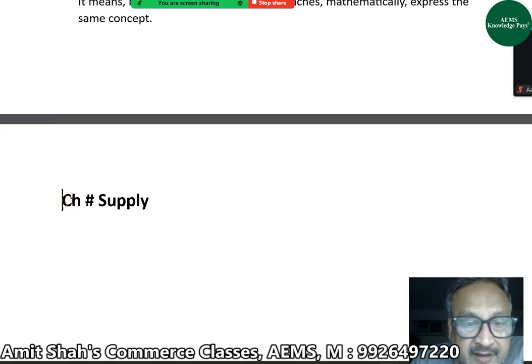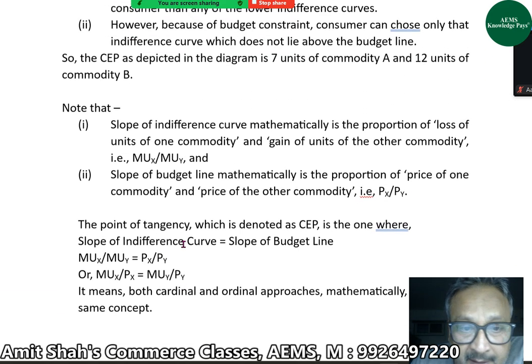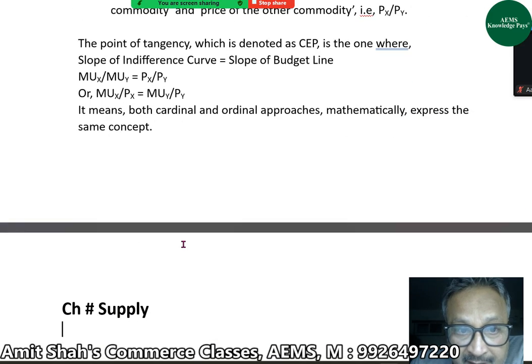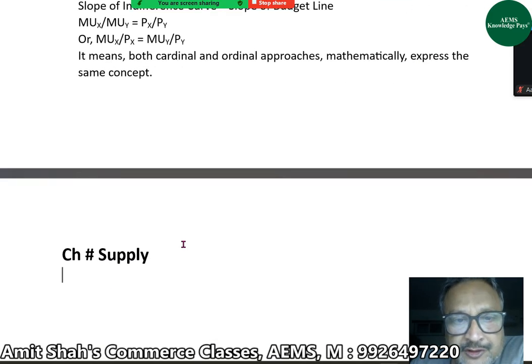Okay, so from here we're starting with a new chapter, supply. We have seen demand entirely: consumer's equilibrium, that is the ordinal approach and the cardinal approach, is also part of demand, right? Because based on one's utility out of commodities only, he or she purchases a number of units of that commodity.